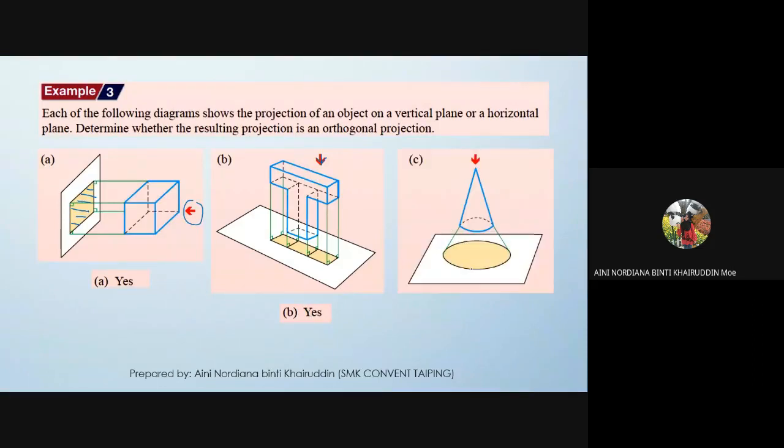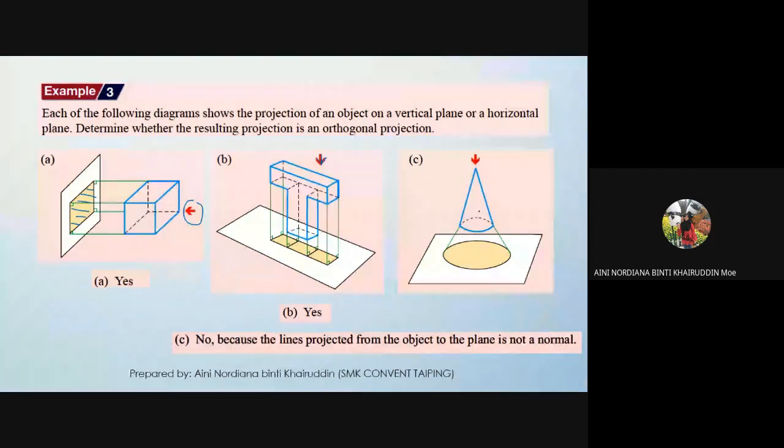C, so this is no, because the line projected from the object to the plane is not normal. Yang green color ni dia tak membentuk 90 darjah. Dia sepatutnya macam mana? Macam ni.